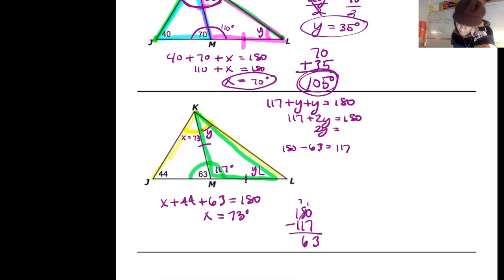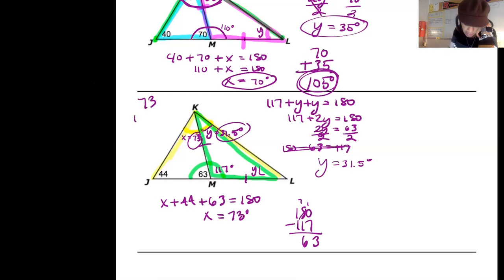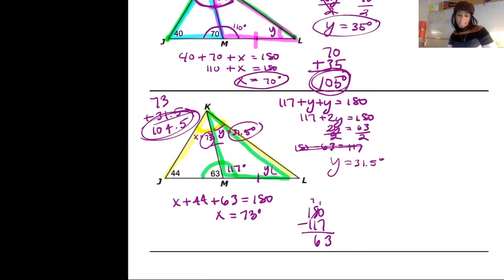And then I divide by 2. Half of 63 is 31.5. So y is equal to 31.5 degrees. And then to get my final answer, I combine 73 with 31.5 degrees. 73 plus 31.5 is equal to 104.5. That's my answer for that last one.